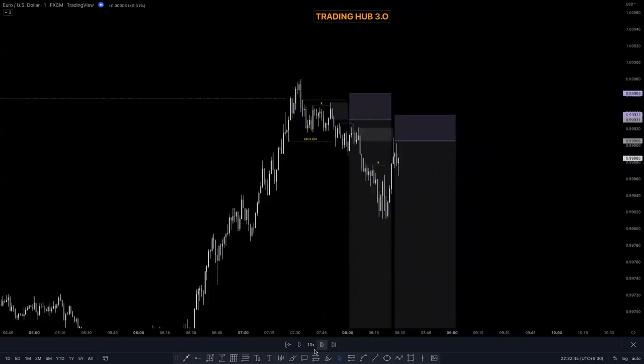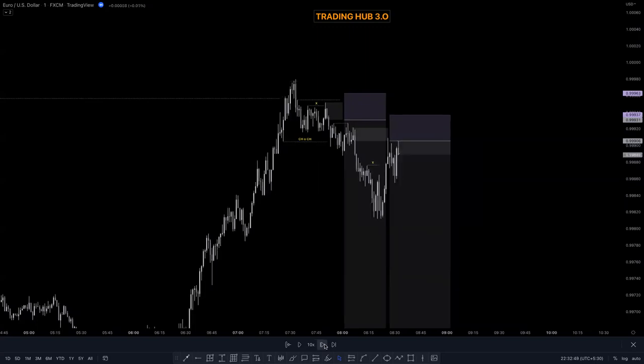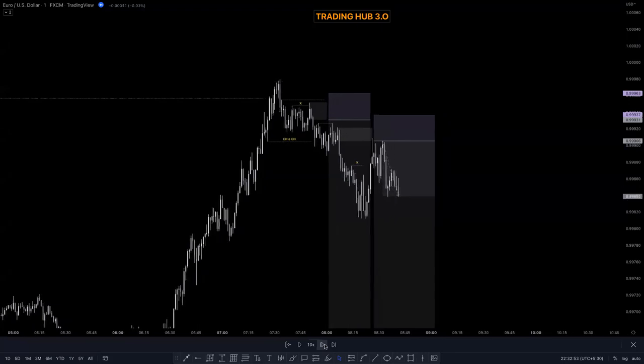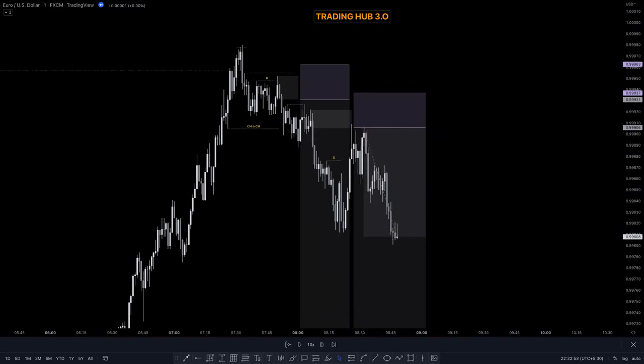And let's see. Okay, so now the market again breaks this low. After breaking this low, where is our next possible entry for the sell? Exactly. Okay.